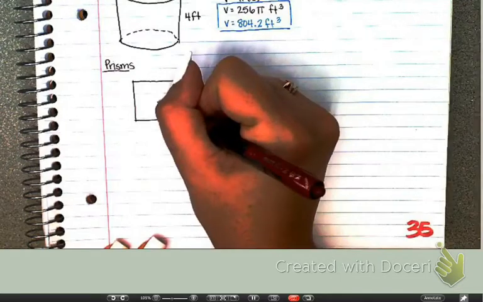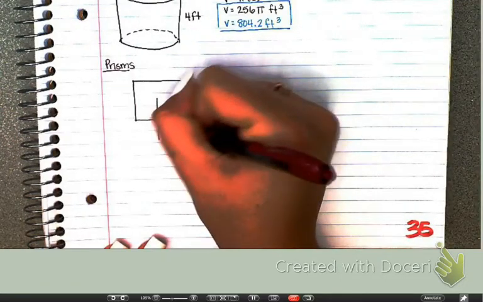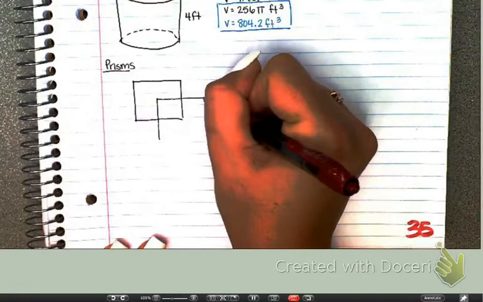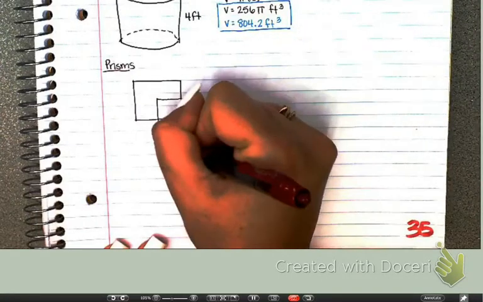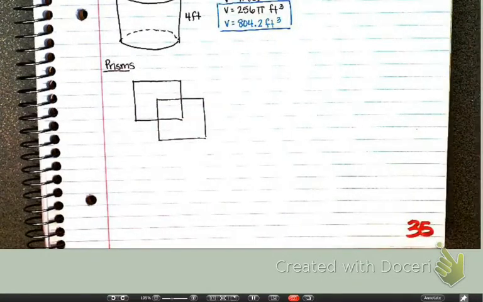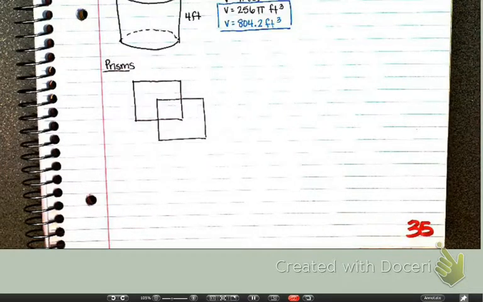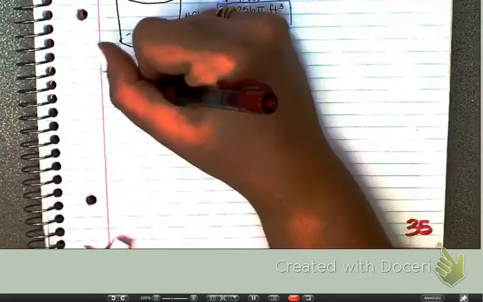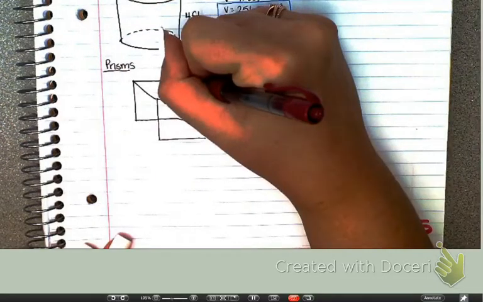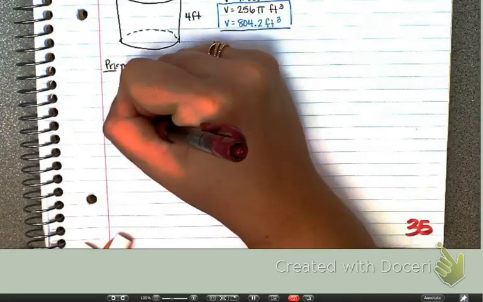Now, in the middle of that square, you're going to draw another one that is the same. It's not the only way to draw a box, so if you know another way, it's okay. This is the only way I know how. And then we're going to connect the corners.